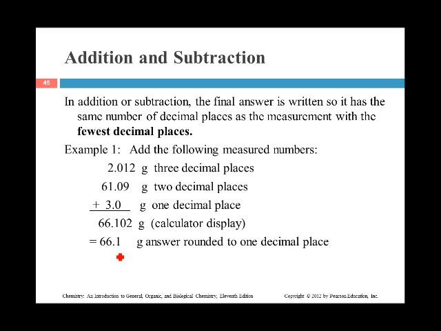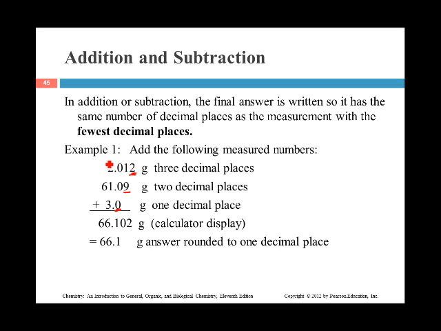The easiest way to go about doing this is to look at each number individually from left to right, and underline the last number that's significant. So 2.012, this last 2 is the last significant figure in that particular number. 61.09, the 9 is the last significant figure in that particular number, and 3.0.